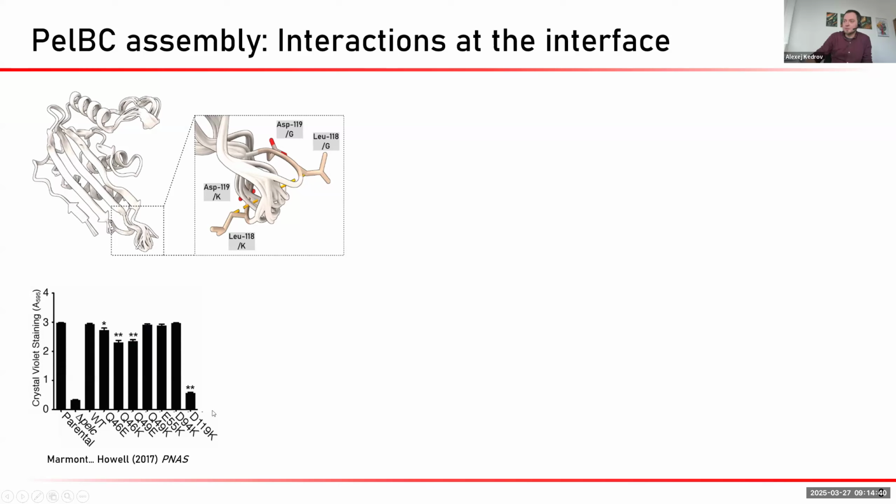So we look at this residue or region where aspartate 119 is located. That is the loop of the PelC subunit, and you remember that the crystal structure reported a uniform symmetric assembly. For us, we see that each individual subunit has its own organization, so this loop is always bent a little bit. So why would it be so?